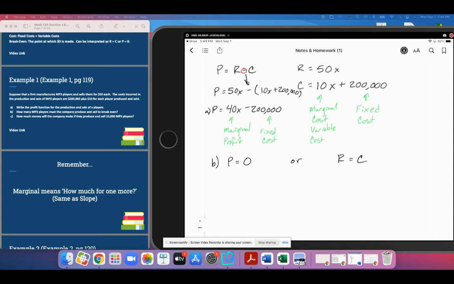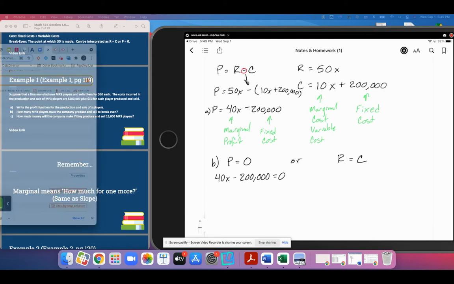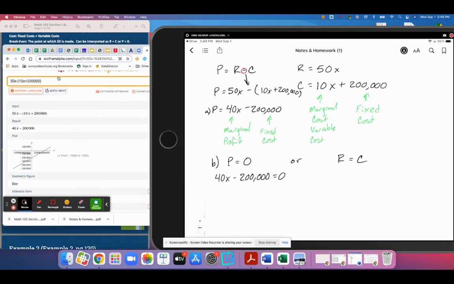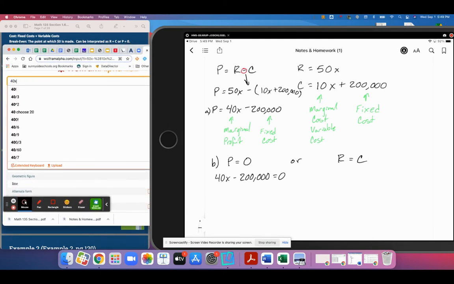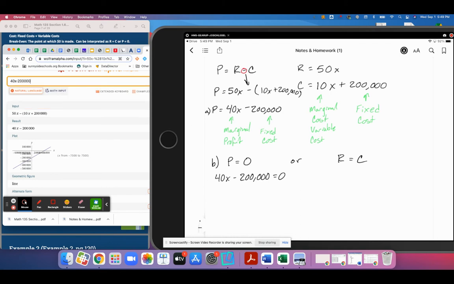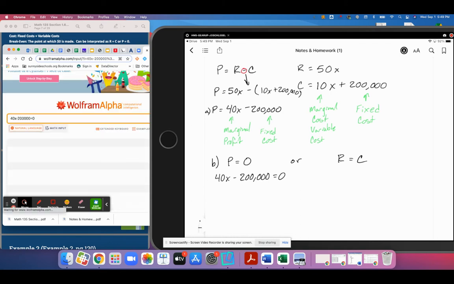So our profit was 40x minus 200,000. When that is equal to 0, we break even. We're going to bring Wolfram back on the scene. And we do have 40x minus 200,000 equals 0.